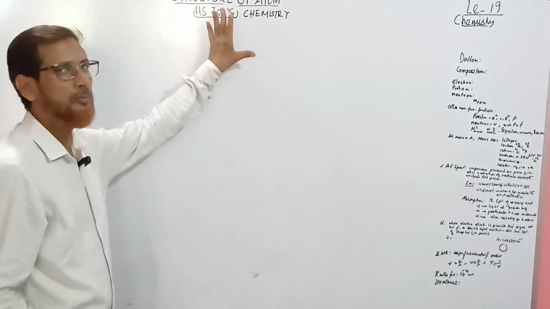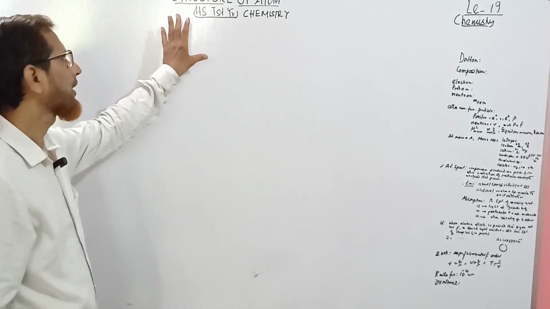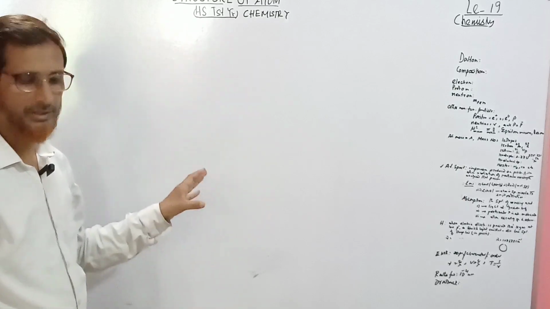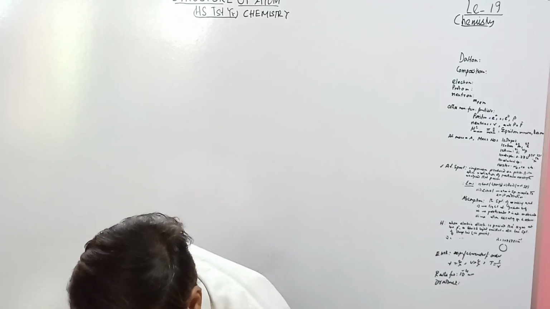So structure of atom means how an atom is composed and what are the things or materials found in the atom.